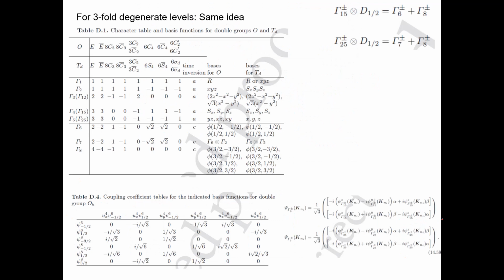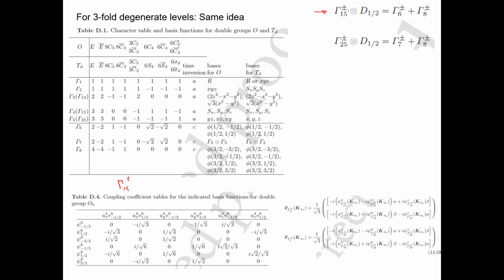And also, let me do another one for threefold degenerate level. That's the same idea. Let me go back to this case in which I have, for instance, gamma 1,5, either plus or minus. Oh, okay, I wrote that here.